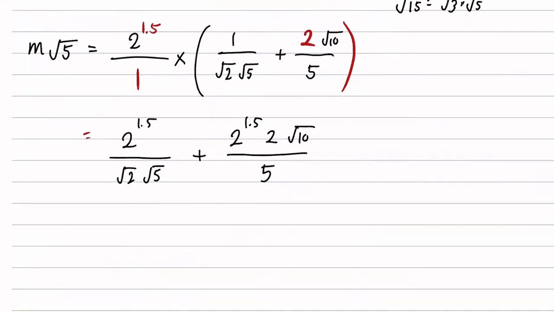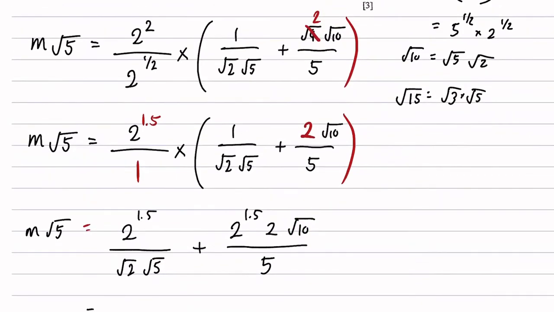Okay, good. Remember, we are trying to solve for n. Do you think it's time for us to divide by square root 5? Do you think it's a good idea? I think we can. Also, I will split up the square root 10 here as square root 5 and square root 2 as well. Maybe I should have done that earlier, but never mind, it's not too late.